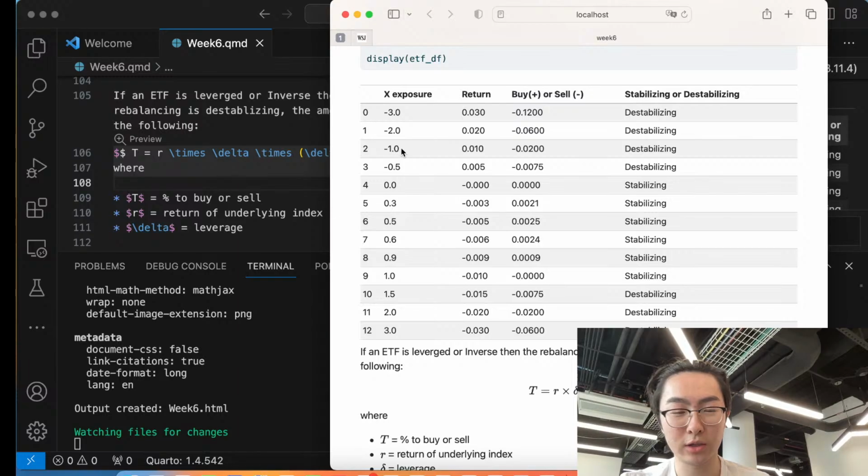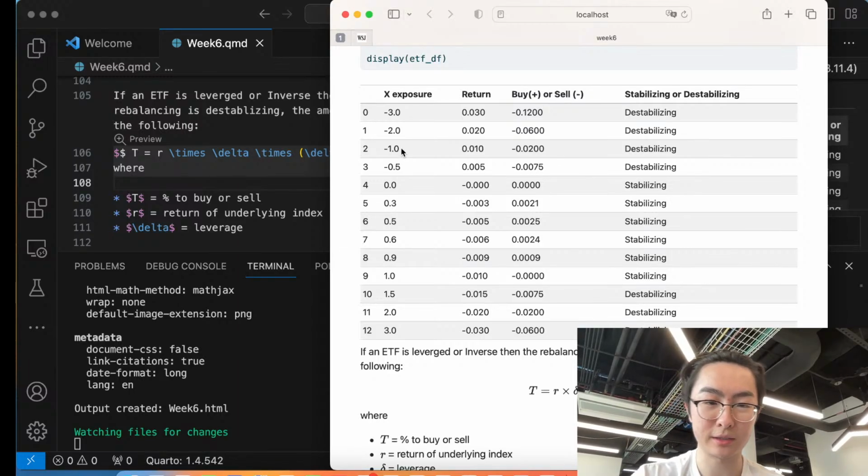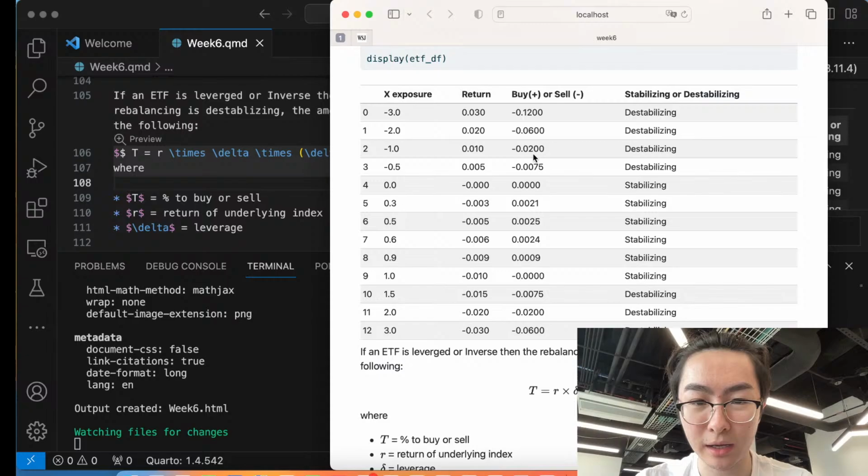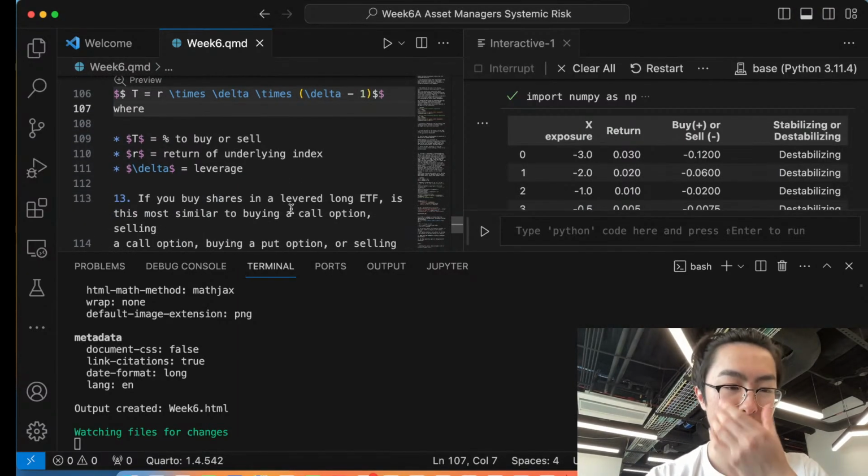If you're going short 100%, then you can maybe say it's the exact opposite of going long 200%, but you're taking the inverse of that. And so then maybe you have the same buying and selling pattern.